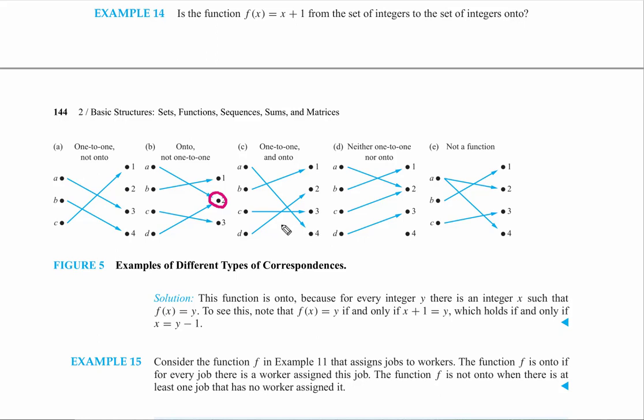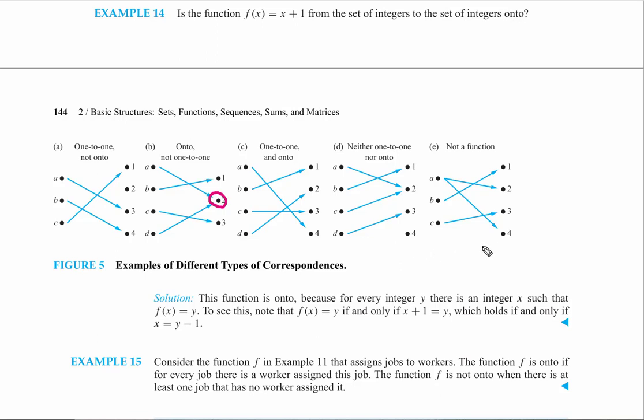So there's a correspondence between these two sets. Another combination. This one is not one-to-one and it's not onto. And so that's the fourth possibility.